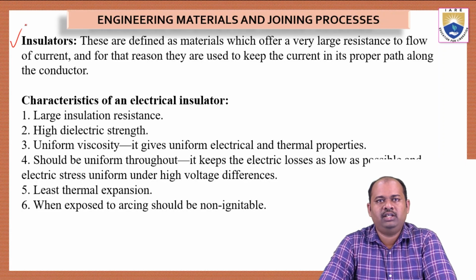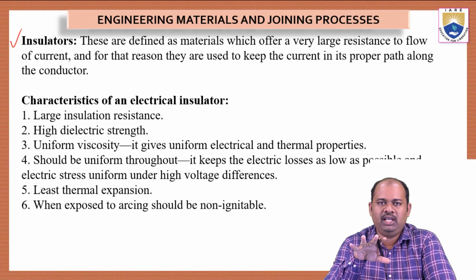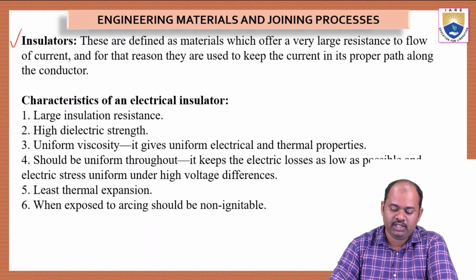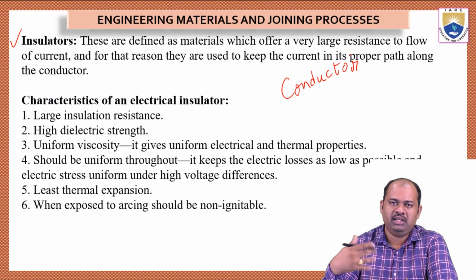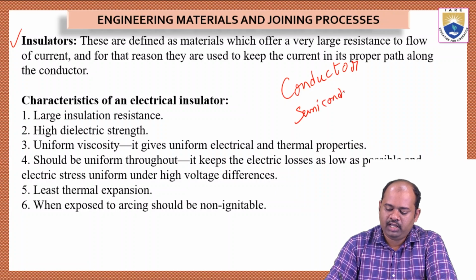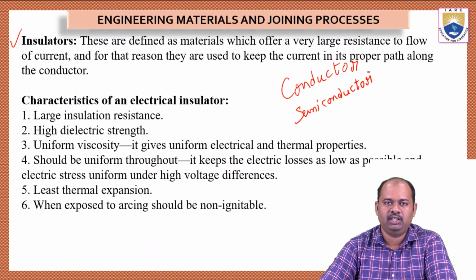So what is an insulator? An insulator is simply an object which will not allow electricity to flow through it. So far we have seen conductors, which make electricity flow through them in any condition. And then we have semiconductors, which will not allow electricity until they are excited or their temperature is increased.